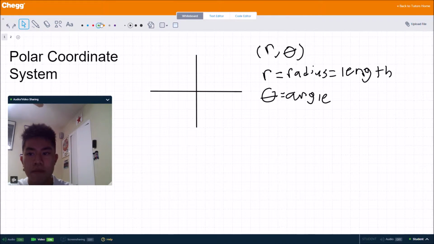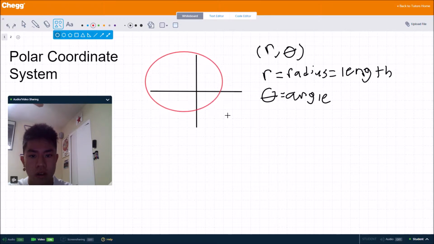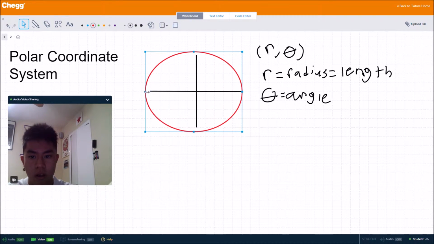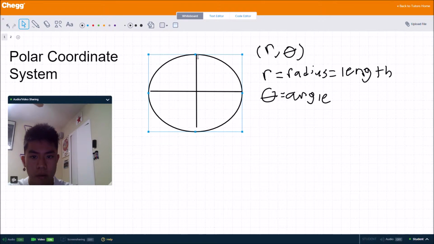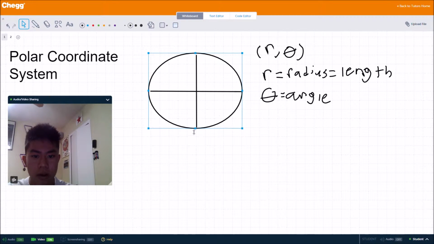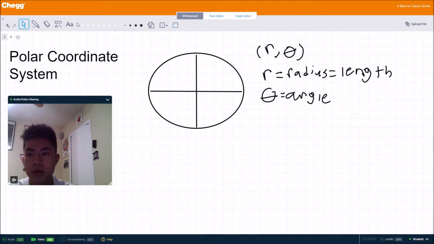Alright, so let's say I have a unit circle. In this circle, we're going to pretend like it's the unit circle, so we know it has a radius of 1. Right here's 1, right here's 1, negative 1, negative 1.